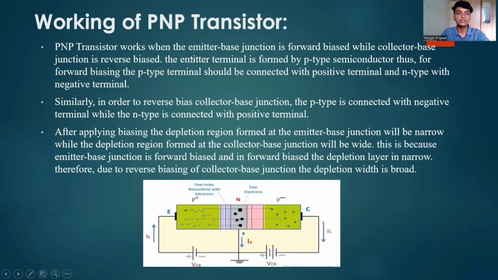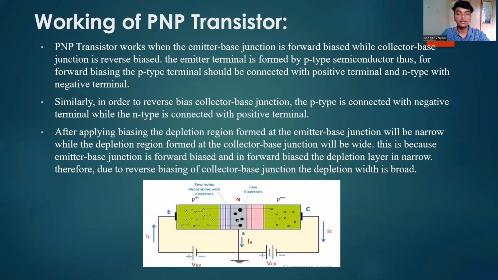Working of PNP transistor. PNP transistor works when the emitter base junction is forward biased, while collector base junction is reverse biased. The emitter terminal is formed by p-type semiconductor. Thus, for forward bias, the p-type terminal should be connected with positive terminal and n-type with negative terminal.